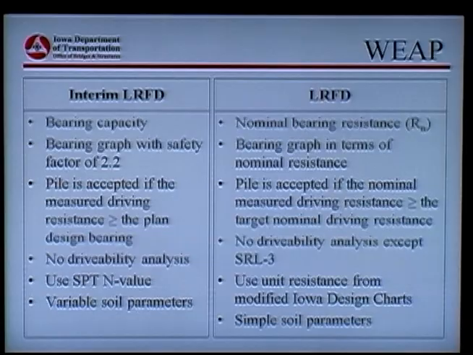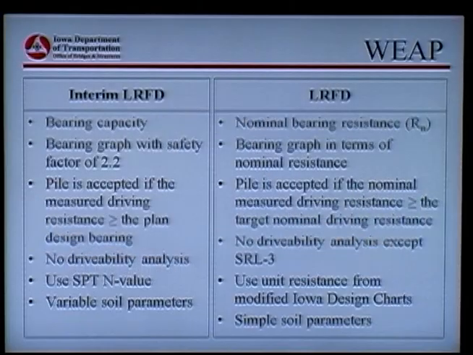How about WIP? What are the changes? Okay, so in the interim LRFD design procedure that you currently use, we define the capacity of the pile in terms of bearing capacity. Right? That is with the factor of safety of 2.22. If you run the WIP, that is embedded and defines the capacity as a bearing capacity.